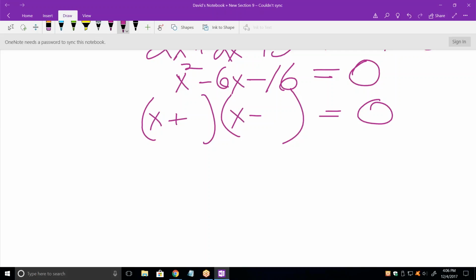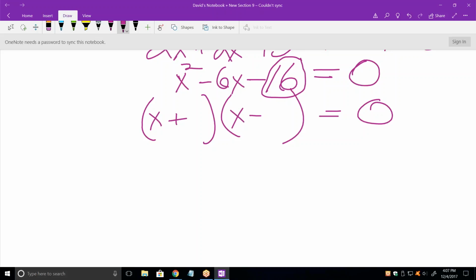Factors of 6, which adds to 16. You're close. It's factors of 16. Always factors of the constant, because this constant is produced by multiplying this number by this number, the L of FOIL. That's how we knew the signs had to be opposite, because the last step of FOIL is multiplying them together, and they have to produce a negative number.